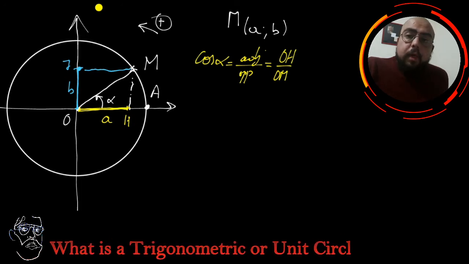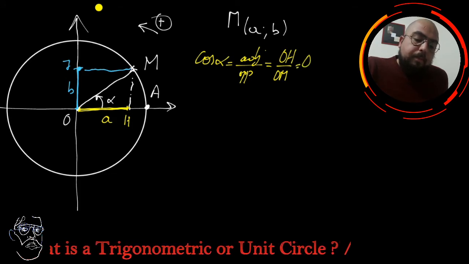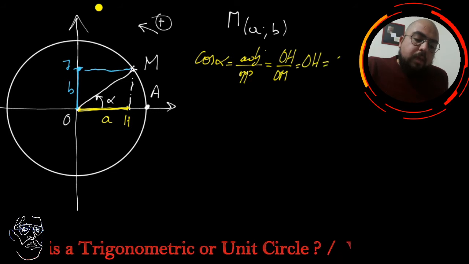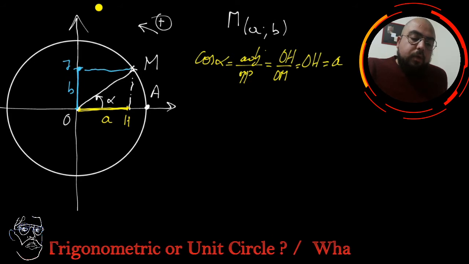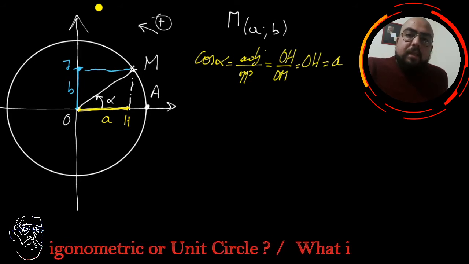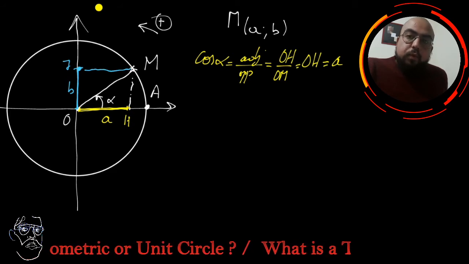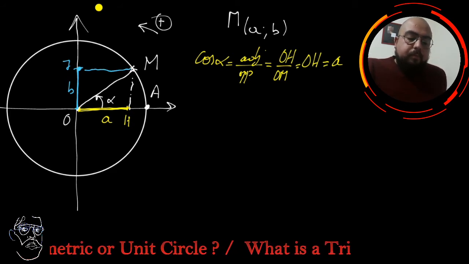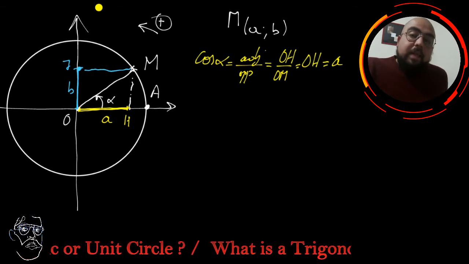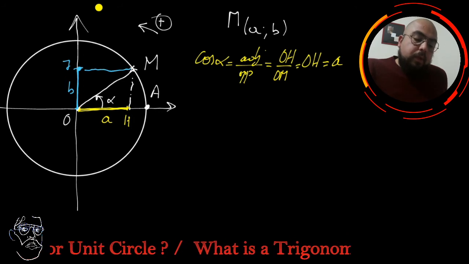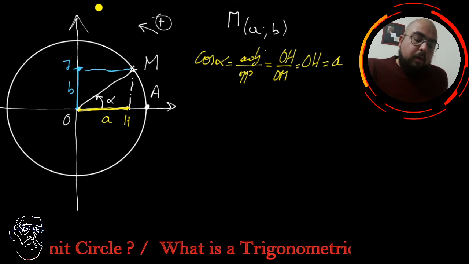OM is simply the radius, which is 1 unit, since it's the unit circle. So it will be OH, and OH represents A. So cosine actually is the abscissa of the point where the angle intersects the circle. It's directly linked with the abscissa of the point that intersects your circle, having the angle alpha.